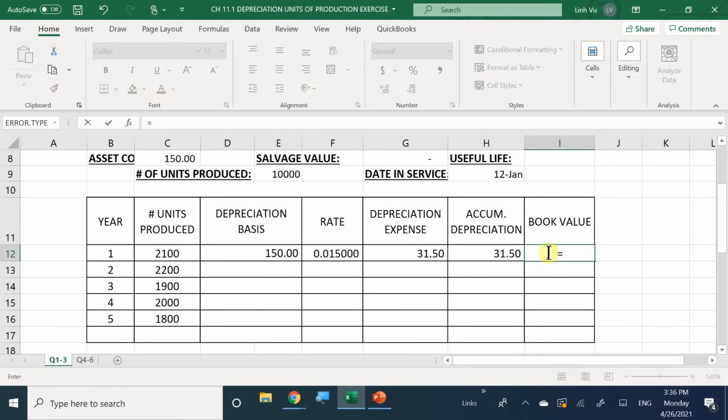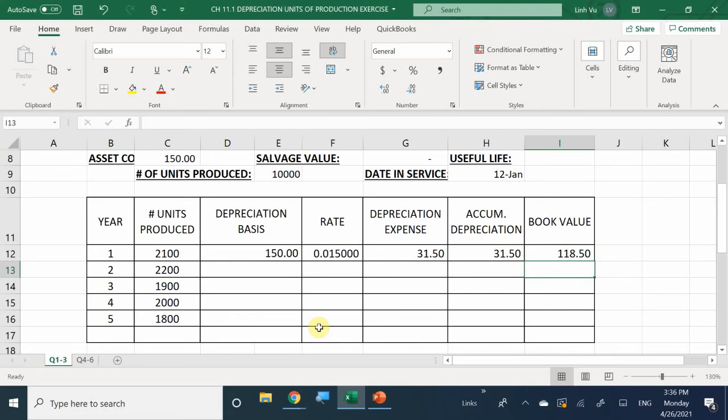Then, what is going to be my book value? 118.50. We take the 150, the asset cost. If you want to use Excel to pull down the formulas, you need to make this cell an absolute cell reference, because this number is never going to change. So it's always going to be $150 minus the accumulated depreciation for that year, which gives us $118.50.